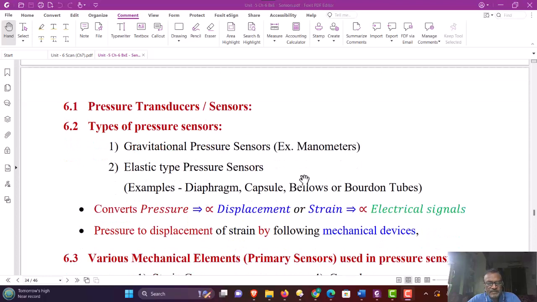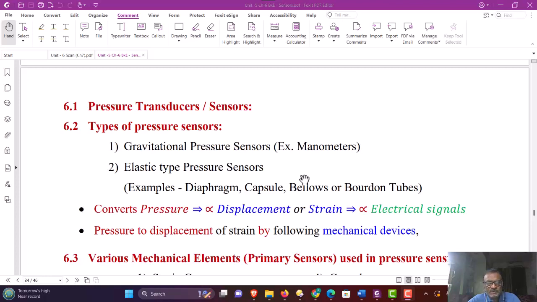The various pressure transducers used for measurement of pressure are listed here. The two basic types are used. Gravitational pressure sensors measure the pressure against gravity. Mostly the manometer comes in this range.